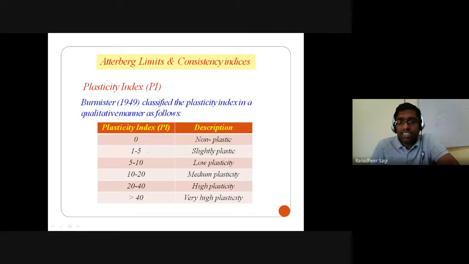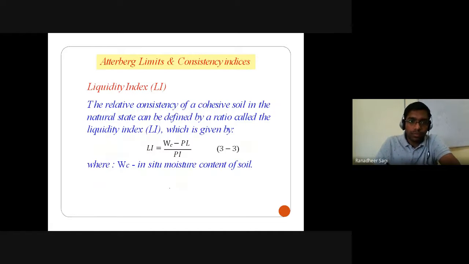If the plasticity index is between 1 to 5, we call it slightly plastic soil, exhibiting slight plasticity characteristics. Likewise for plasticity index between 5 to 10, 10 to 20, 20 to 40 and greater than 40, we categorize the soil as exhibiting different natures of plasticity characteristics, based on the plasticity index values.